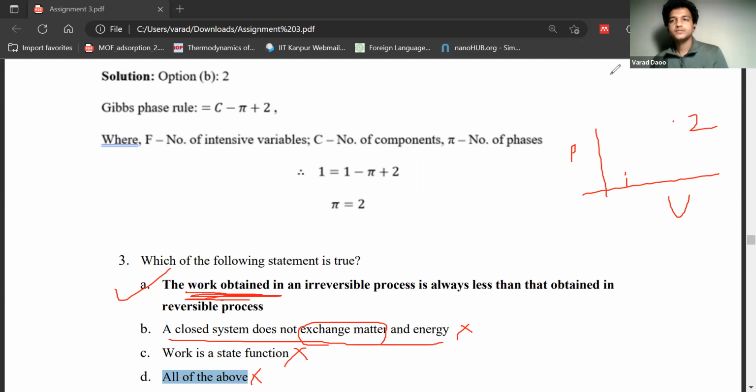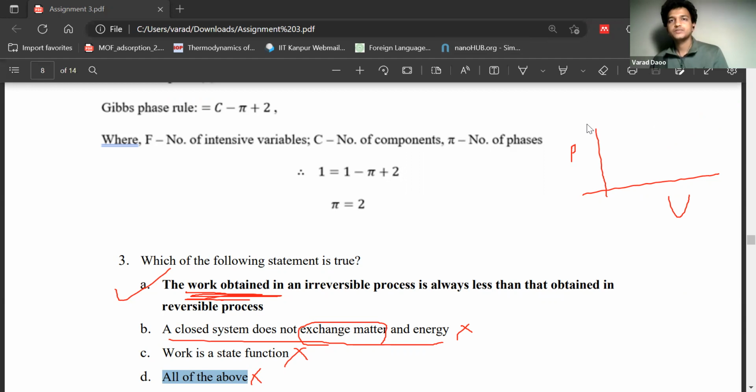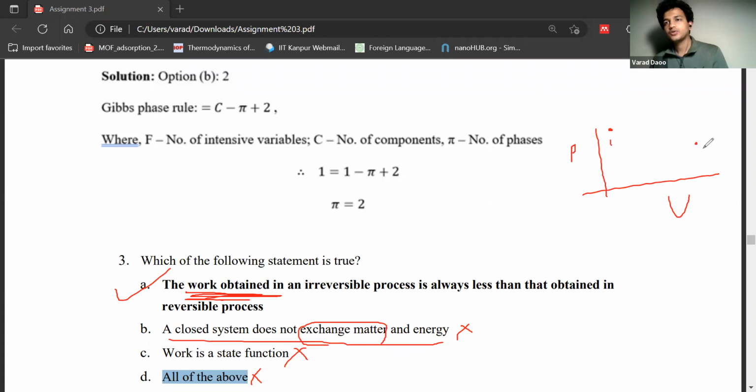It will be like this, right? This is point 1. This is point 2. Sorry, like this. If you consider point 1, point 2, the irreversible work will be the area under this one.